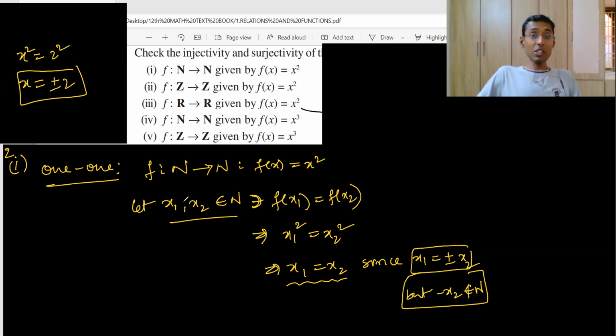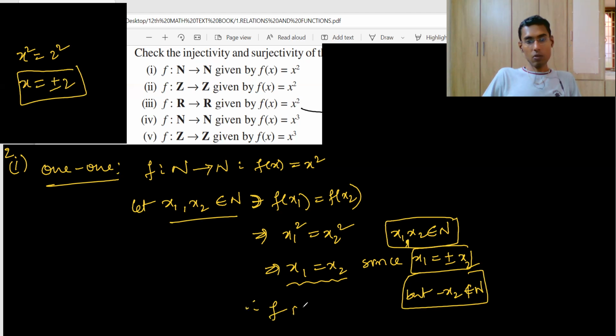But in this case x1, x2 are natural numbers, there is no question of minus 2. So since x1 and x2 are natural numbers, positive, therefore x1 equal to x2. Therefore f is 1-1.